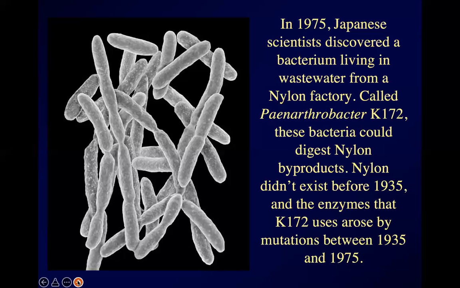So at some time between 1935 and 1975, bacteria like this living in these wastewater ponds evolved the ability to break down nylon byproducts, and they must have done it by mutation. And it's even been possible to compare the DNA of these bacteria with others and figure out what the mutations are and figure out how they work.